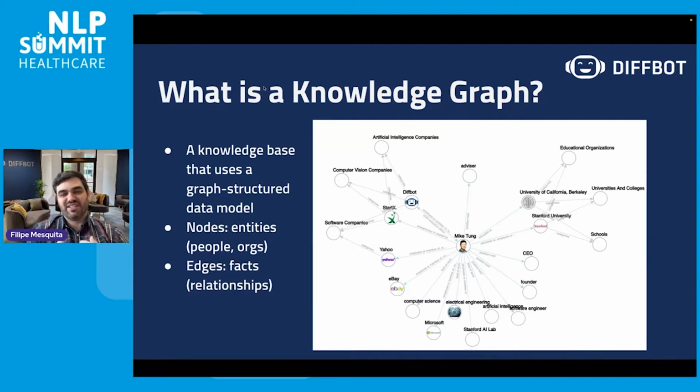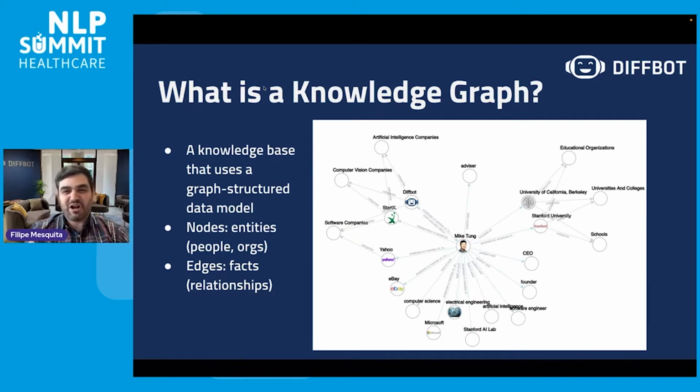These nodes can represent entities like people, organizations, a drug, or an effect of a drug. So anything really you can represent as a node. And then the relationships between these nodes, you can see their arrows, we call them edges. And that's the basic components of a knowledge graph.